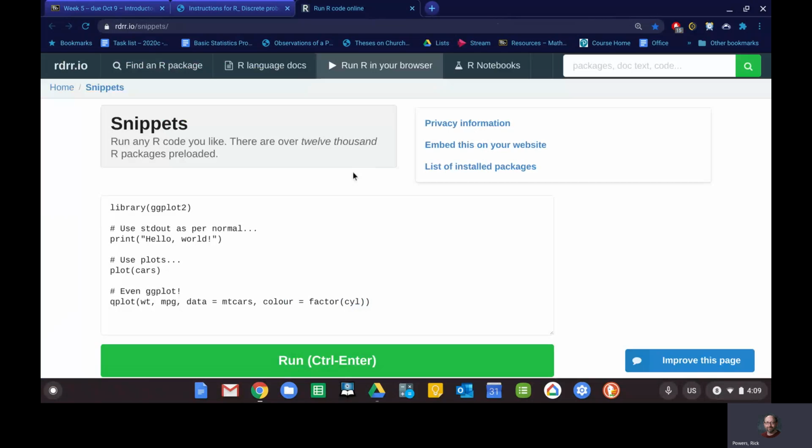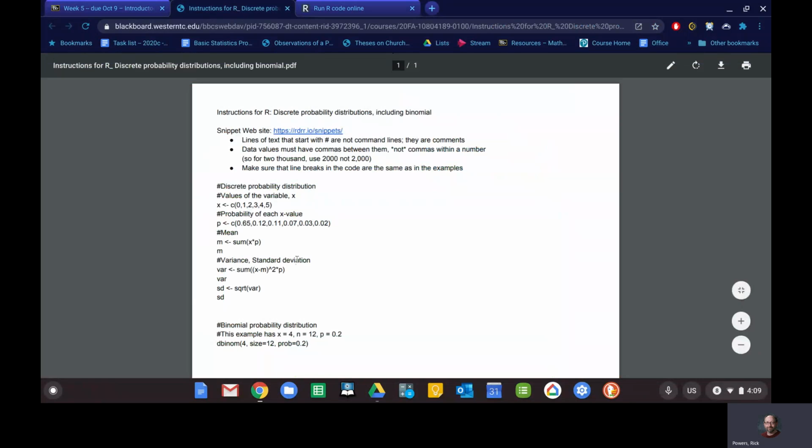And so what we're going to do is look in this blue box that's right here, and take the code that's in the instruction, and put it in that blue box. So I go back to the instructions. I make a copy by just selecting it with my mouse here, I'm going to copy all of this information, Control-C.